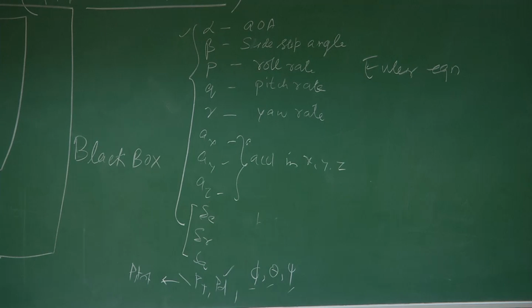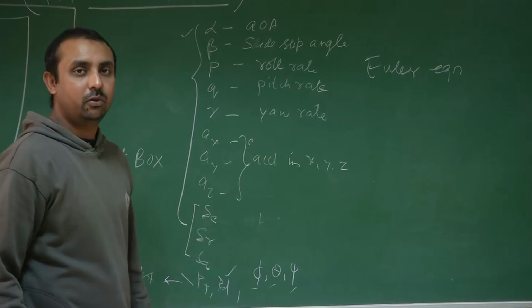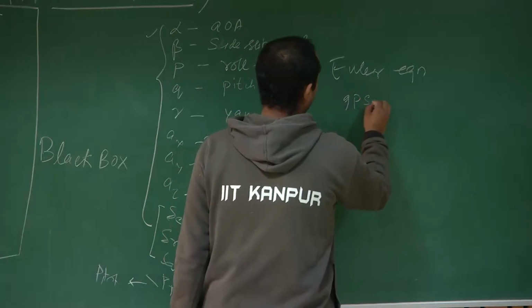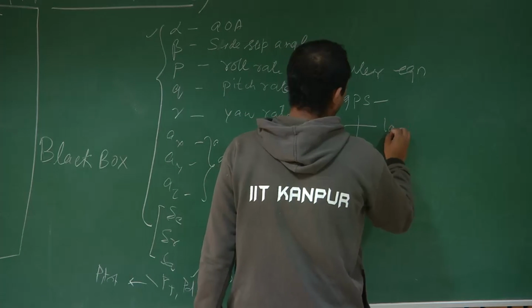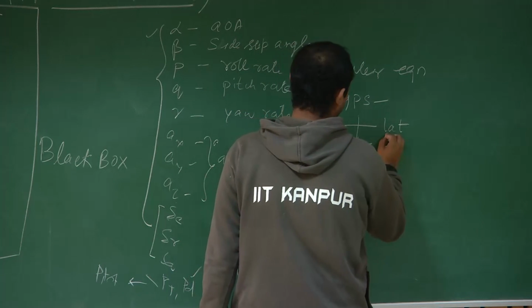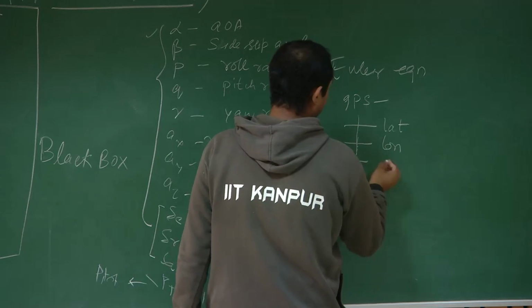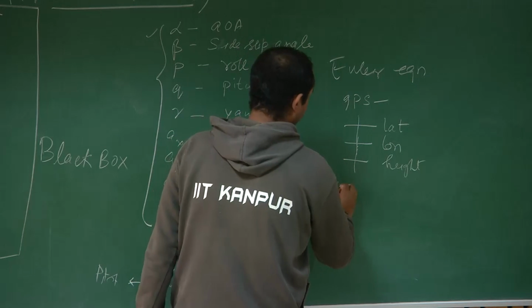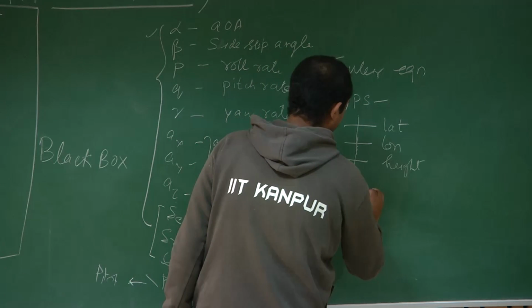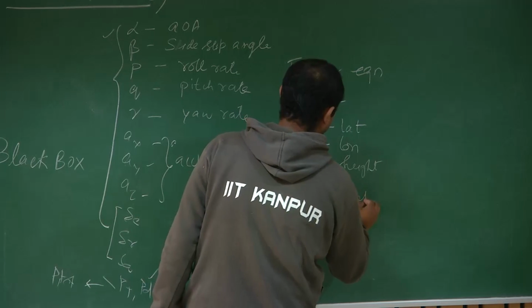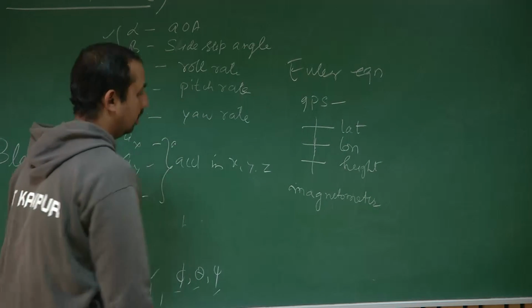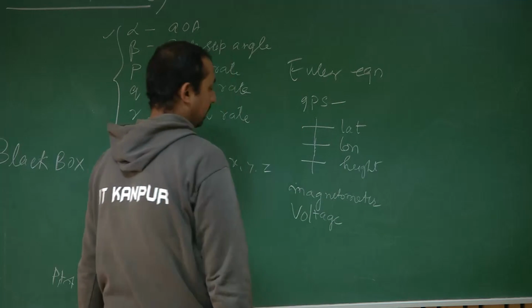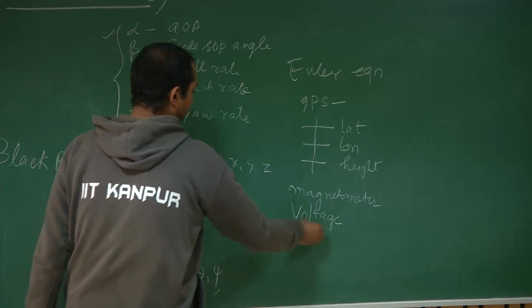Apart from these, there is several more data if you go for UAV operations, such as your GPS data, which involves your latitude, longitude, what the height will be, and magnetometer readings, even battery voltage, because in UAV operations battery voltage is very important.